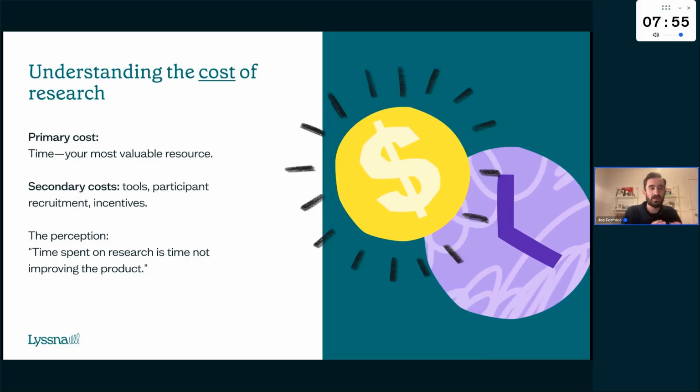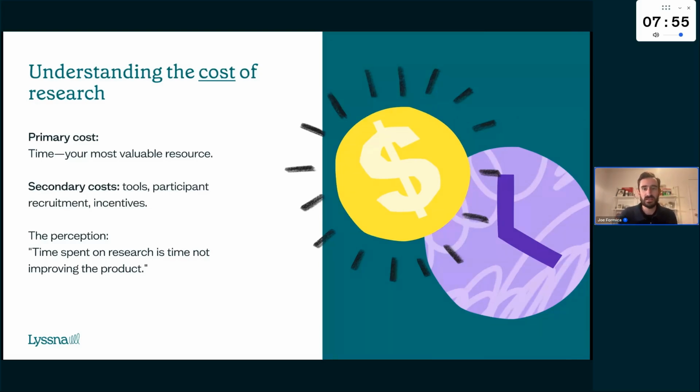So in thinking about the value of research, or I guess anything, we can talk about the costs and the benefits. In terms of UX research, the biggest cost to doing research is time, right?